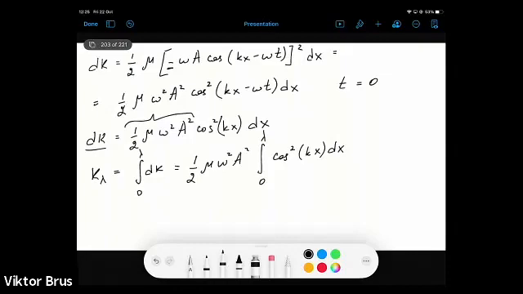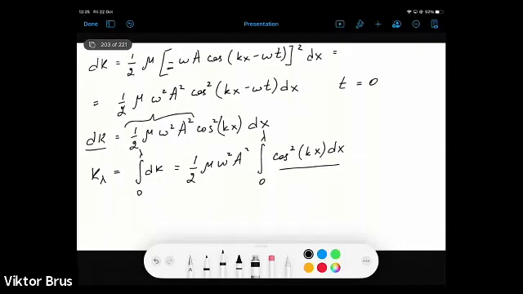Okay. So we need to take this integral, and it's actually not so straightforward because we need some trigonometric transformation in order to deal with it.